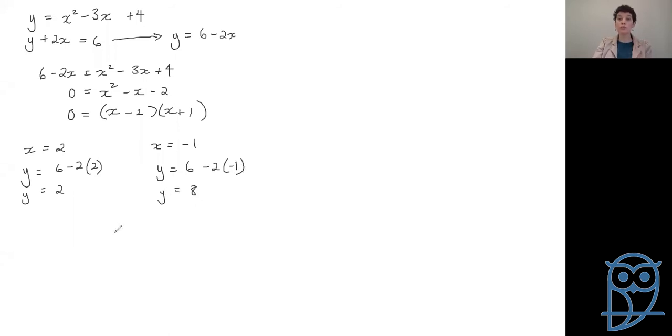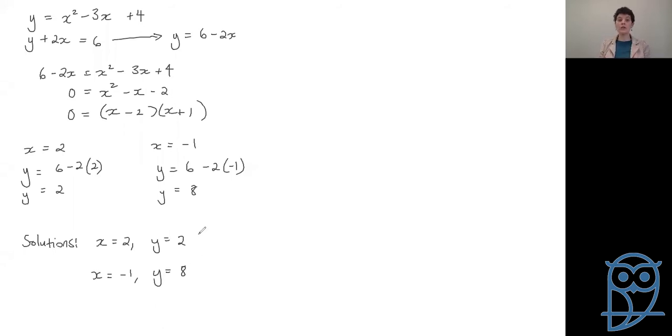So we've got two pairs of solutions. We have x equals 2, y equals 2, and we have x equals minus 1, y equals 8.